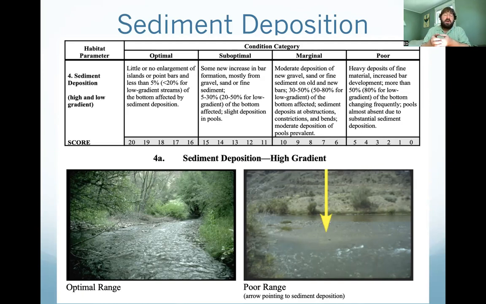And that means that there is more sediment in the river than that channel can really move through effectively. So that river is going to try to sort of straighten itself out to be able to move that sediment through. And that is indicative of a river that's just going through that process of adjusting and finding equilibrium.